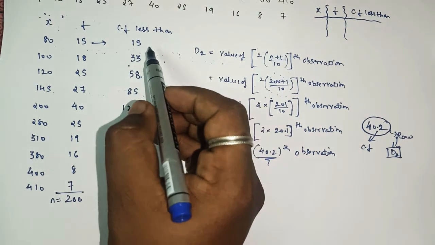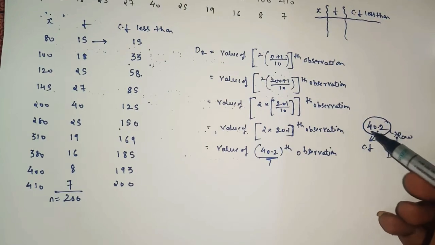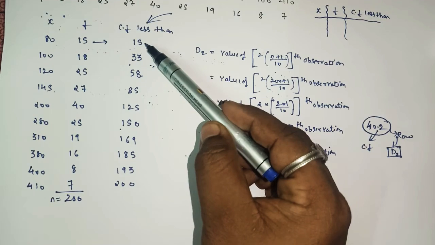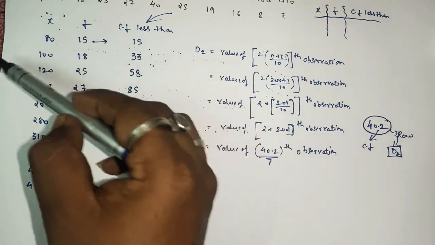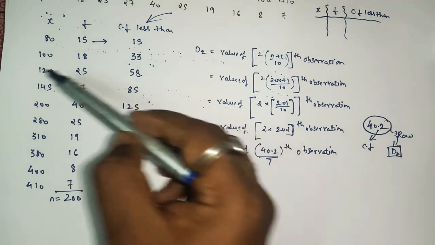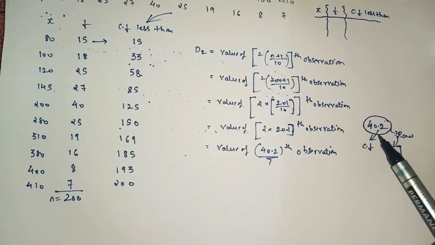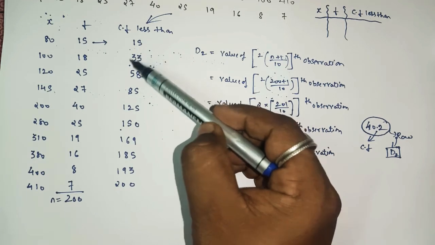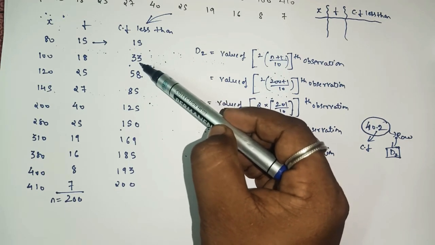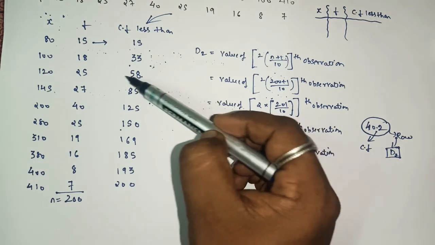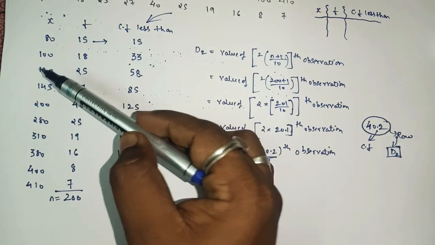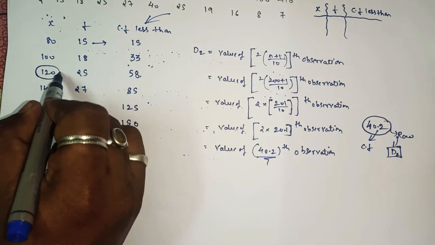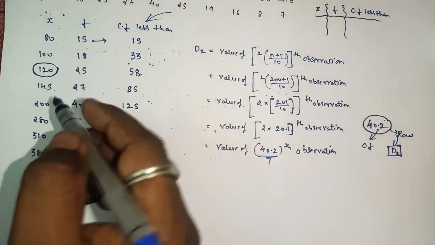So now, as I told, you have to see this value in the cumulative frequency. Here we have 15 in the first row, 33 in the second row, 58 in the third row. Clearly, in the first row the value is still 15, for the second row it is still 33. So 34 to 58, it lies in the third row. So in the third row, what is the answer in the first column? Is it 20?